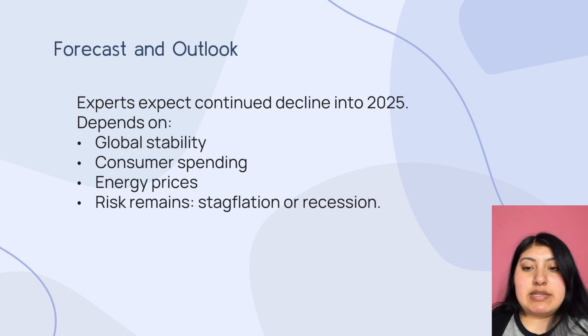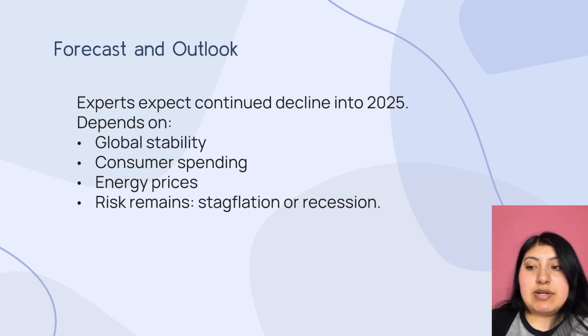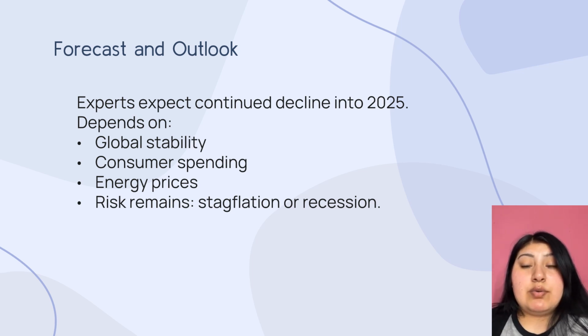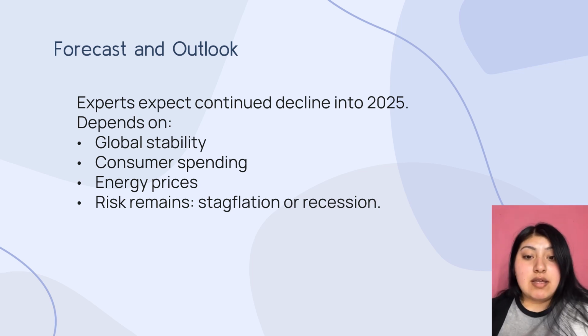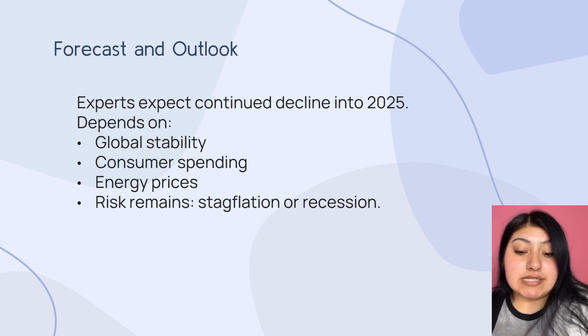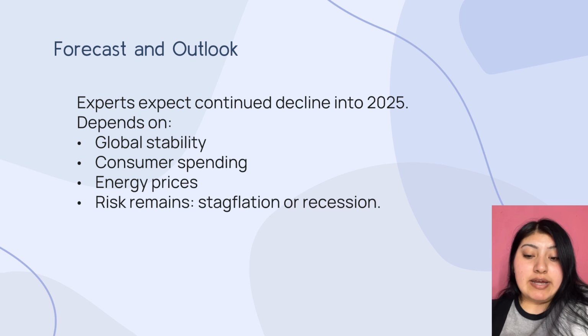At the same time, if interest rates stay too high for too long, the economy could slow down too much and enter a recession. So the outlook is improving, but is not risk-free.